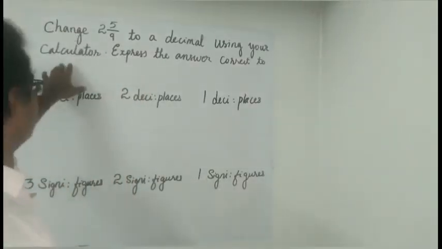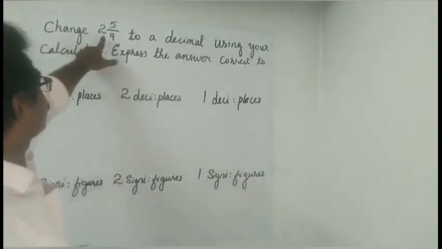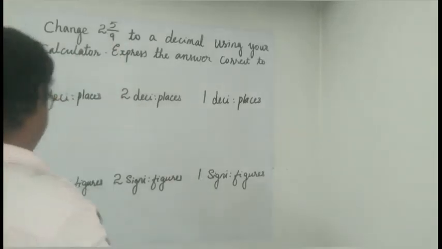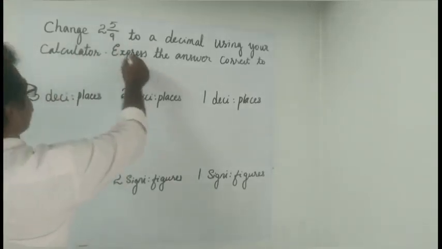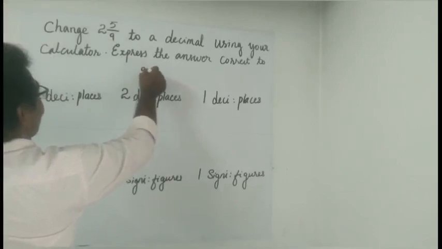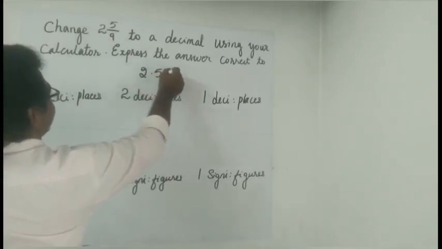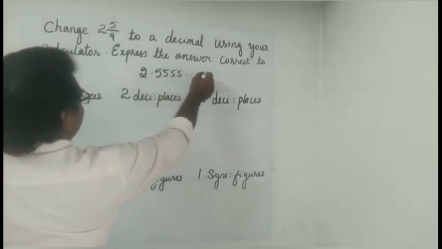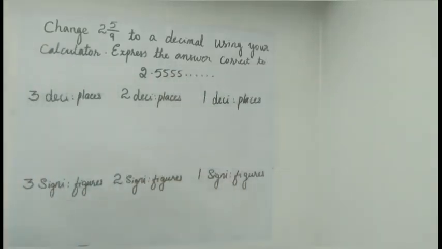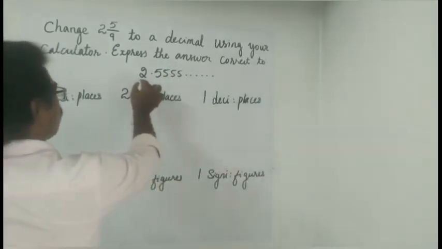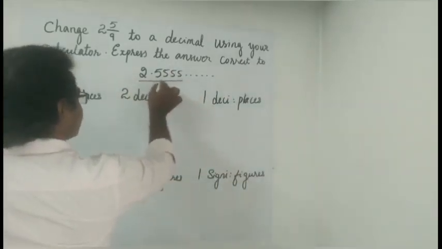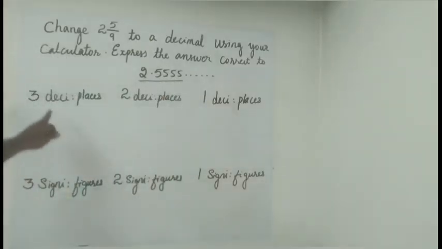So first of all, you use your calculator. 5 by 9. If you use the calculator, you get the answer 2.555 and so on. Isn't it? So we have to use this number to find 3 decimal places.